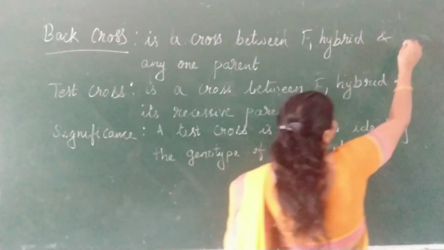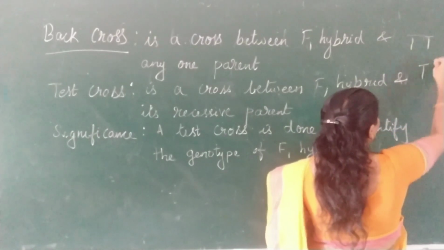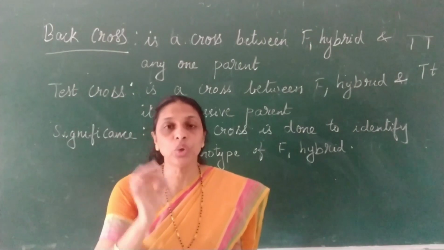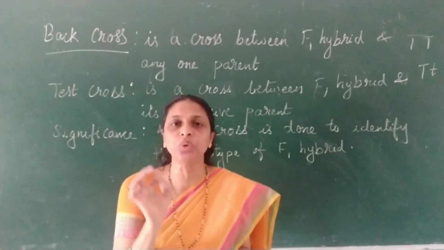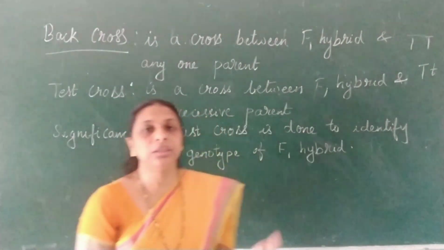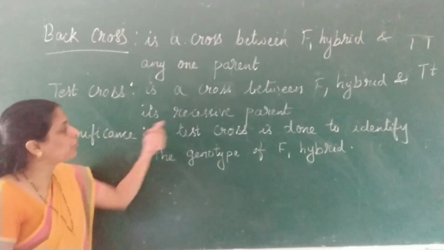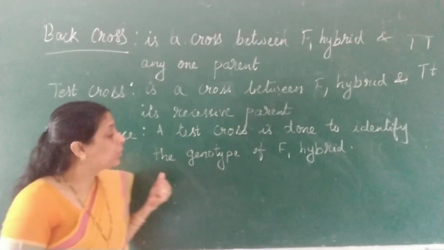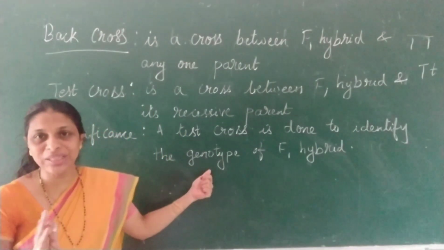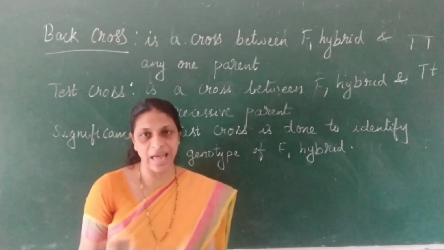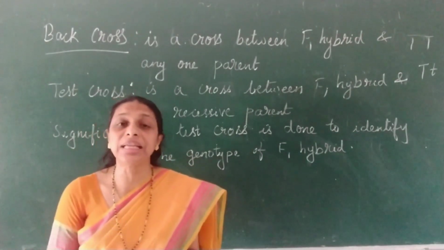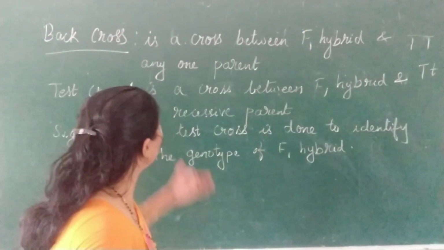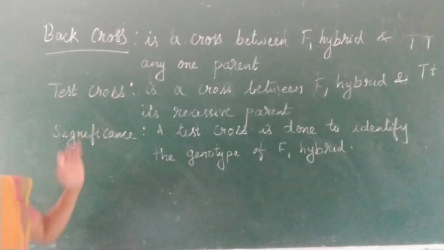It can be either capital T, capital T, or capital T, small t. In both cases, the phenotype is tall. So in order to identify the genotype of the F1 hybrid, this test cross is done. So the significance of a test cross is, a test cross is done to identify the genotype, not phenotype, the genotype of the F1 hybrid. Hope it's clear. So that is the significance of a test cross. Hope you understood what is a back cross and what is a test cross.